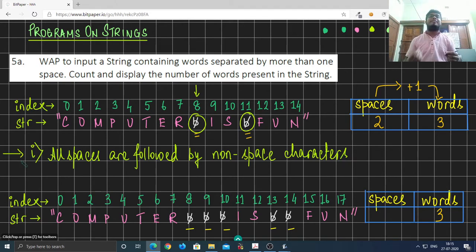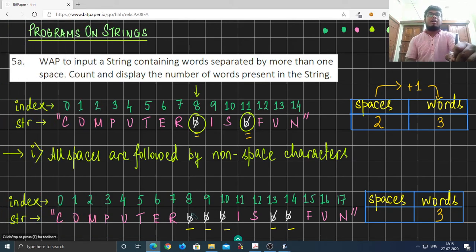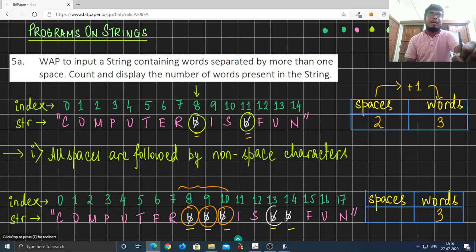Now that we have identified the feature or the property of this space, I would like to ask you a question. Out of these spaces between these two words, and these two spaces, let me use a different color, and these two spaces between these two words, which of the spaces follows this property?